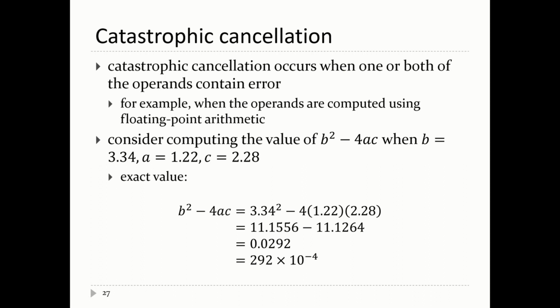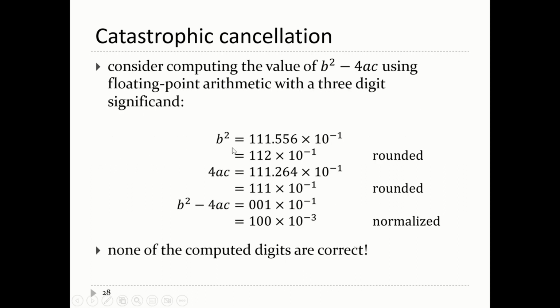Now what happens if I actually compute these using our floating point format? Well, I don't have 6 digits, so I won't be able to represent this number or that number exactly. So let's do that. So b squared, I know it's 111.556 times 10 to the minus 1. In our format, we've only got 3 digits.